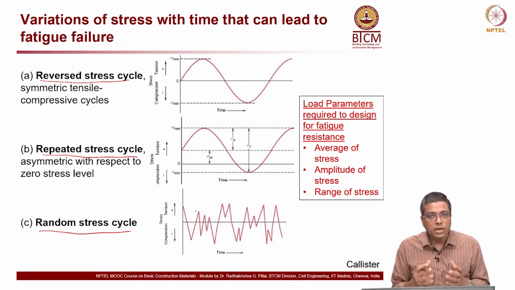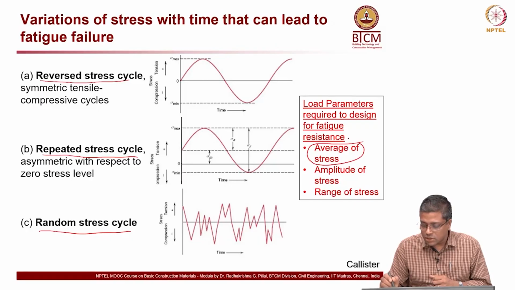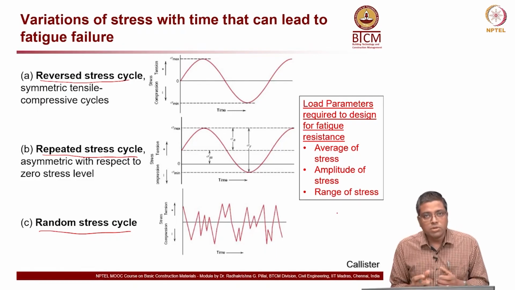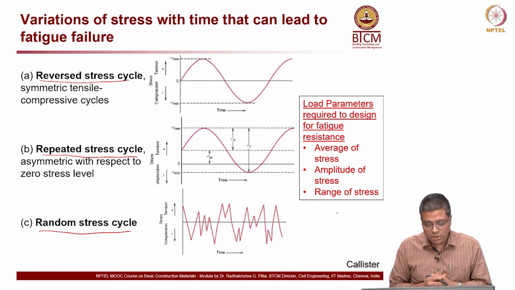But still, for design purposes, we try to design by using 3 parameters, which are mainly the average of the stress, then the amplitude of the stress and the range of stress. So, these three parameters we consider for design purposes and by approximation of the loads which are coming.